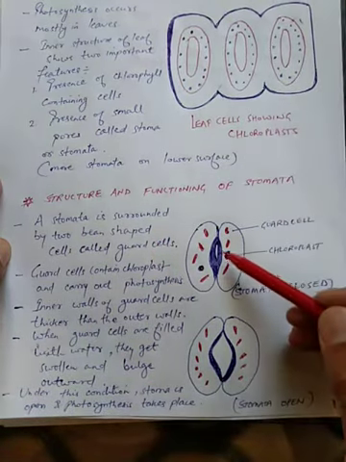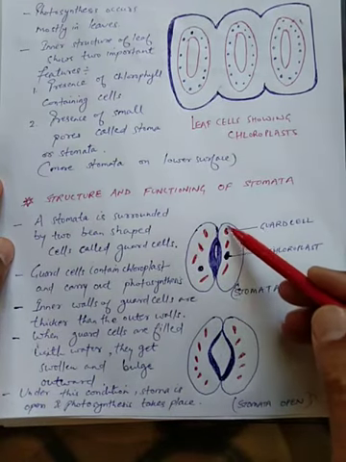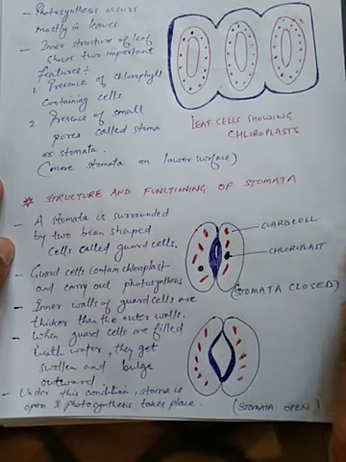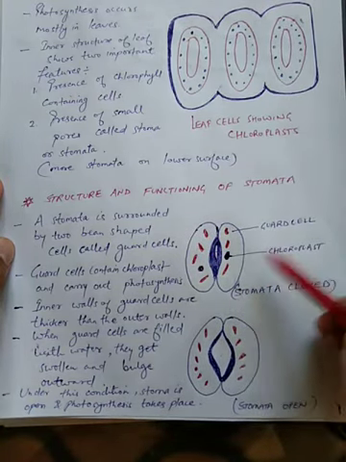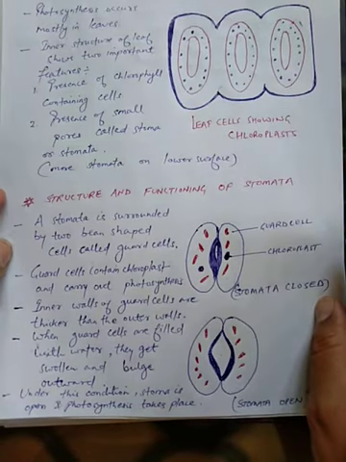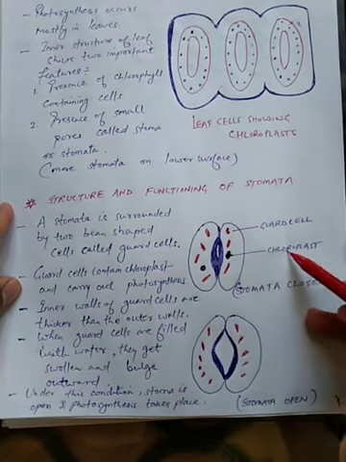So you can see here, this is the stomata, that is the pore, and it is surrounded by these bean shaped or kidney shaped structures which are known as guard cells. Now, these guard cells contain chloroplast.